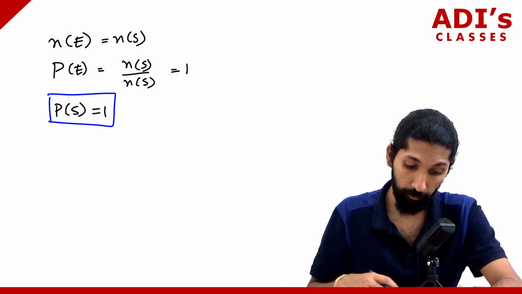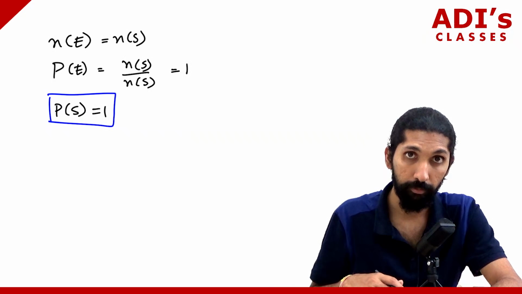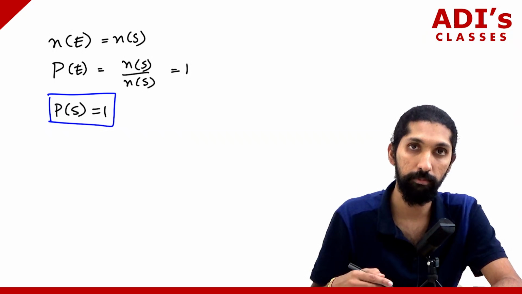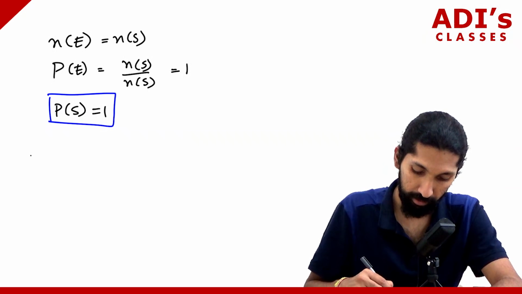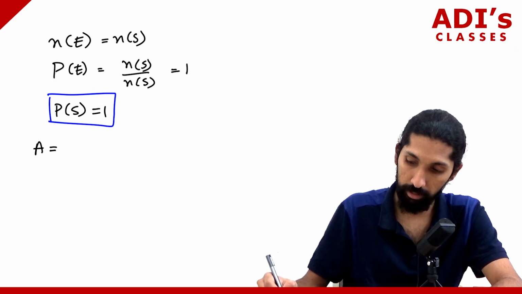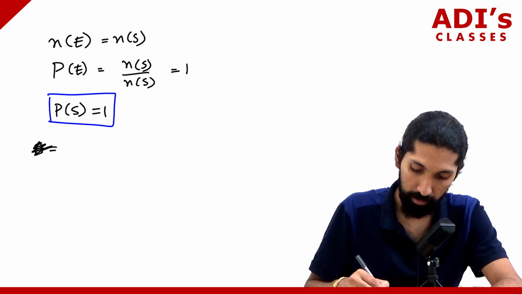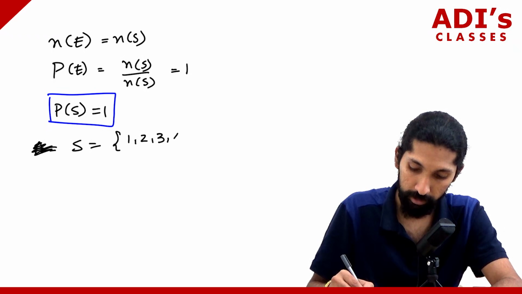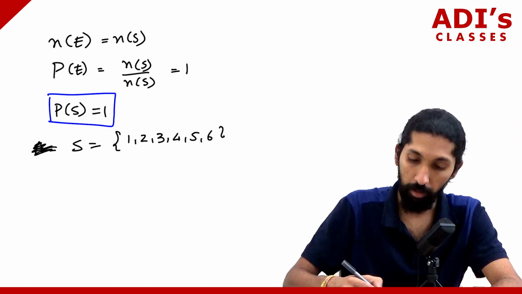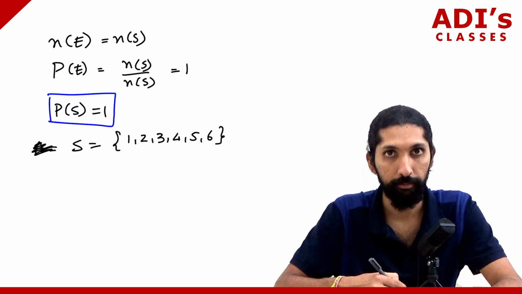Now the probability of getting each number is 1 by 6, because if you take the sample space S, it is nothing but 1, 2, 3, 4, 5, 6. This is what you are going to have, correct?